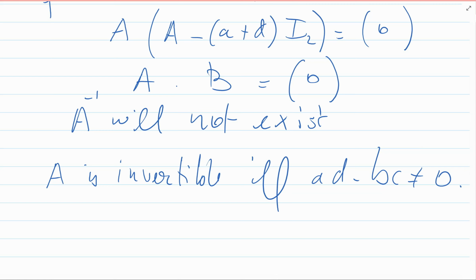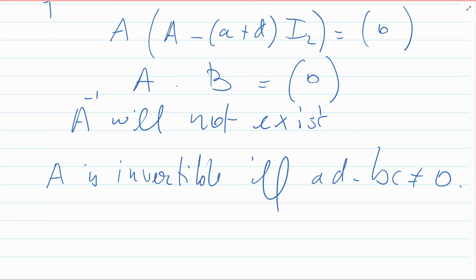For a 2 by 2 matrix, look how complicated it is. You have an inverse if and only if this quantity here, not the matrix itself, this quantity ad minus bc, which is the determinant, is not equal to 0. So it shows how complicated it is.